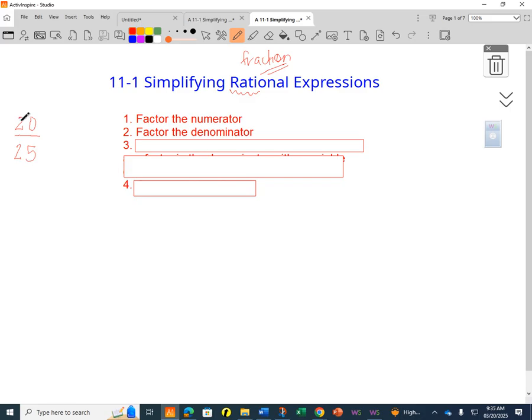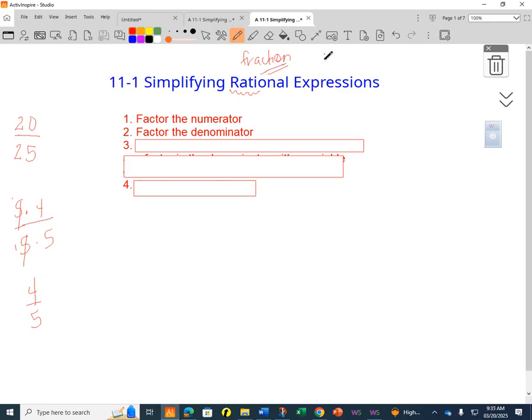What factor do 20 and 25 have in common? 5, right? But if we wanted to use this strategy, we could factor the numerator, 5 times 4. We could factor the denominator, 5 times 5. Does that part make sense? Anything in the numerator and denominator that is identical, 5 divided by 5 just simplifies to 1, right? So this fraction was simplified to 4/5.